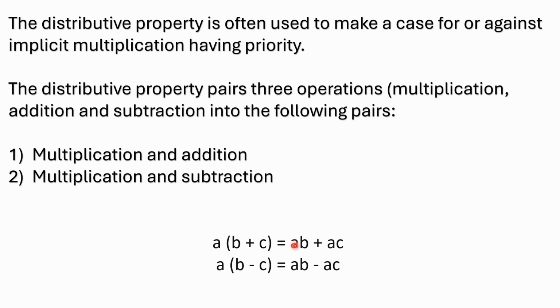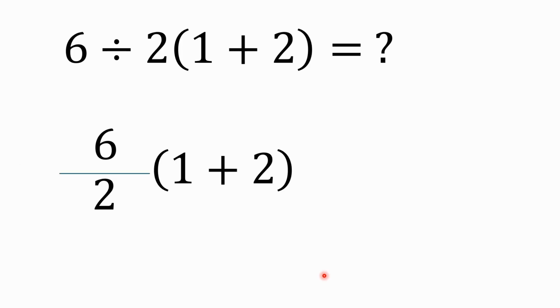In other words, A times B plus A times C. When you're pairing multiplication and subtraction, you could have A times the quantity B minus C, and using the distributive property, we know that's equivalent to A times B minus A times C. So where we get into issues is where people will use this property and say, well, 6 divided by 2 is nothing more than 6 over 2, right? I mean, I could write it out this way, 6 divided by 2 times the quantity 1 plus 2, right?